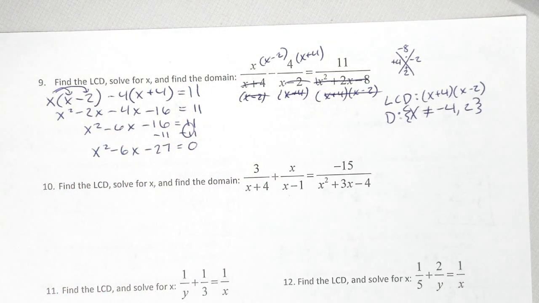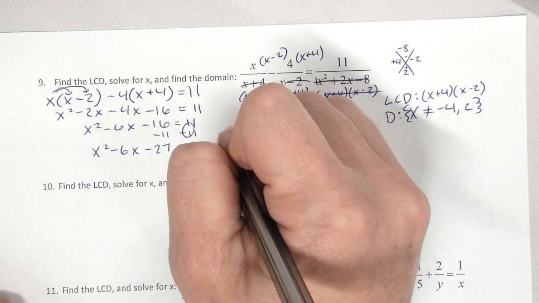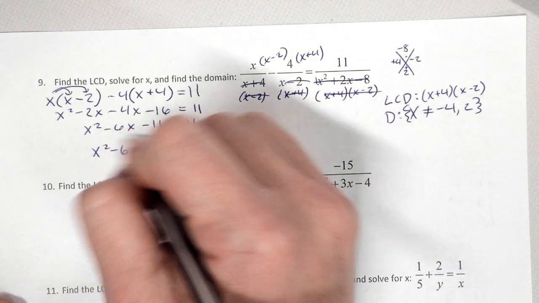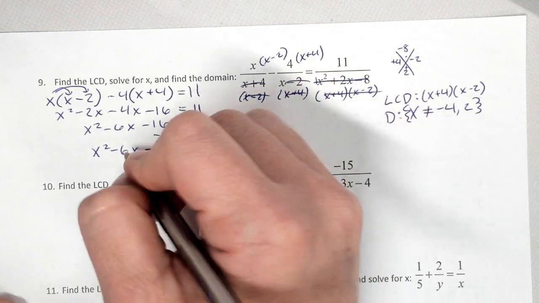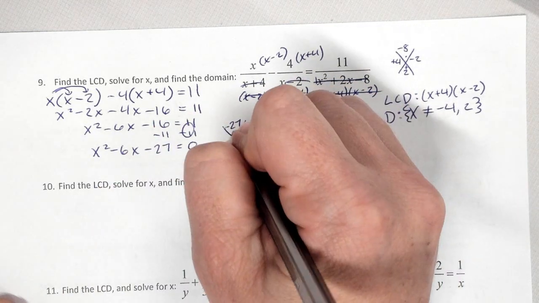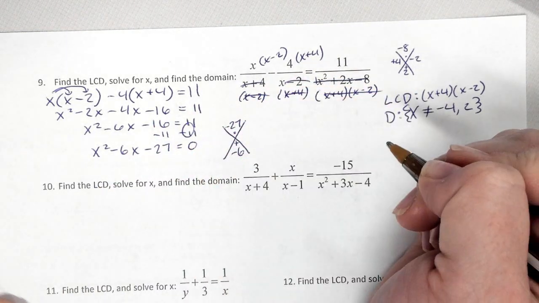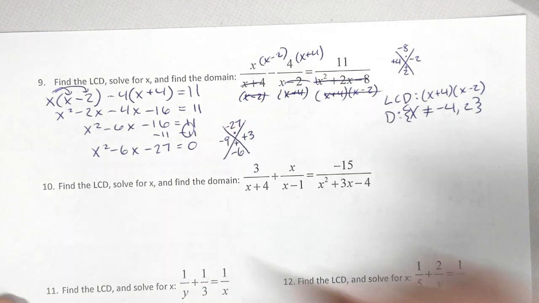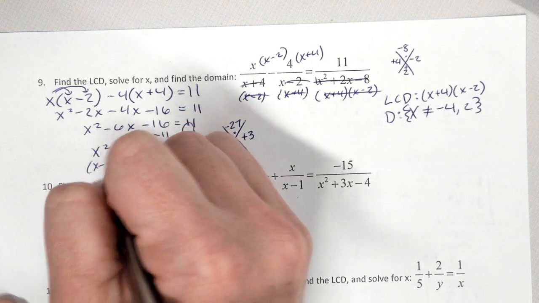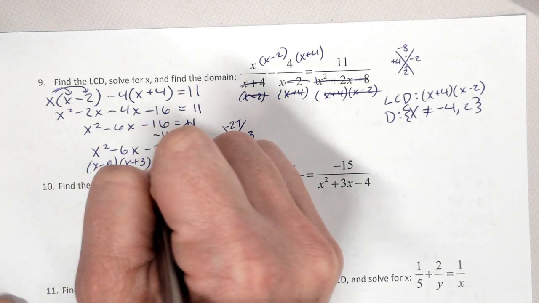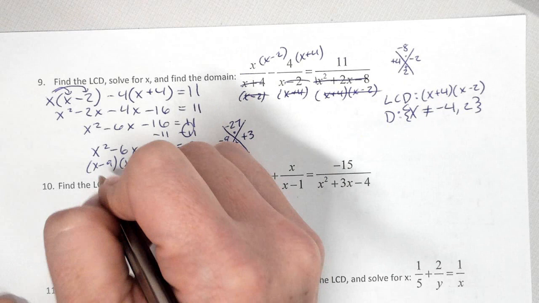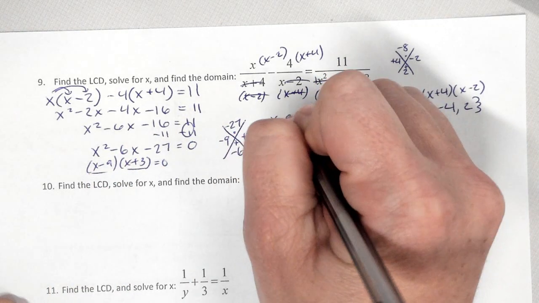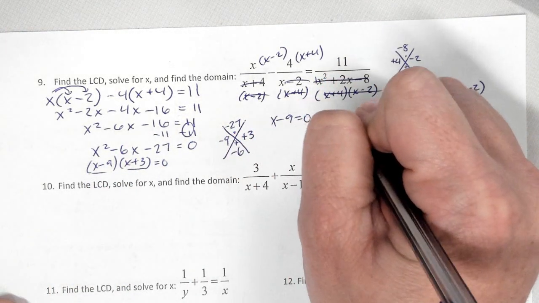And now I factor. So this one I do have to factor. So a times c is negative 27. B is negative 6. What multiplies to give me negative 27 and adds to give me negative 6 is negative 9 and positive 3. So this becomes x minus 9, x plus 3. And then remember, I separate my two factors and set them both equal to 0 and solve.